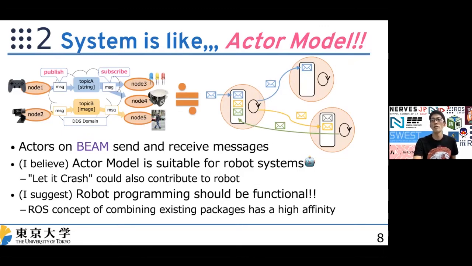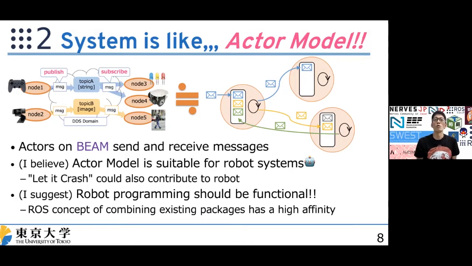All message exchanges are processed asynchronously. Since actors communicate only through messages, we can also realize loosely coupled systems with Erlang and Elixir. So I believe the actor model is suitable for robot systems. The fault tolerance from Erlang could also contribute to robot systems.